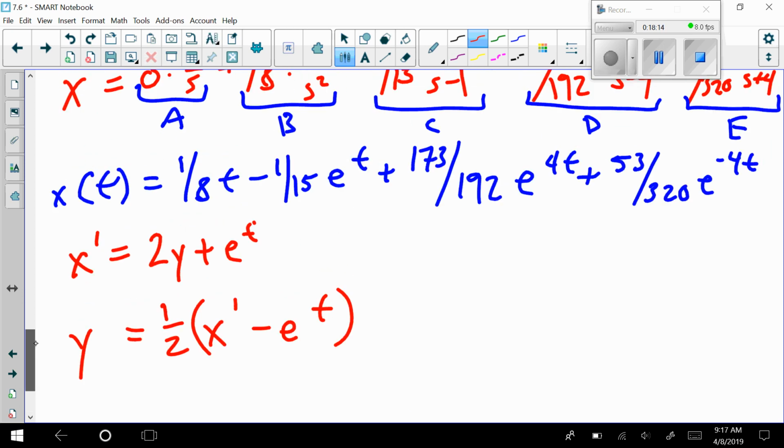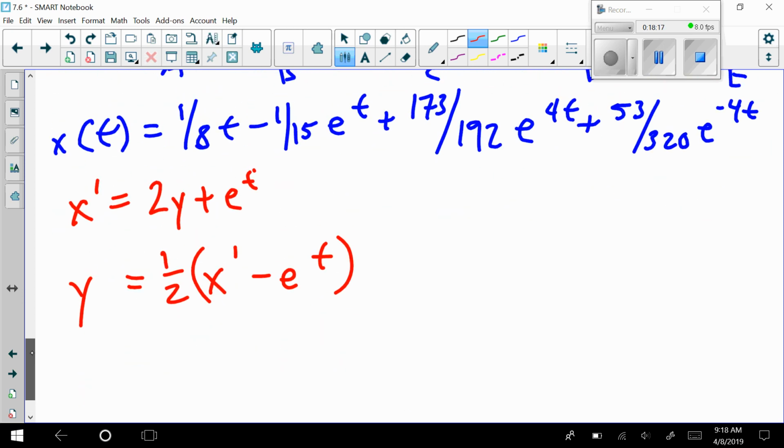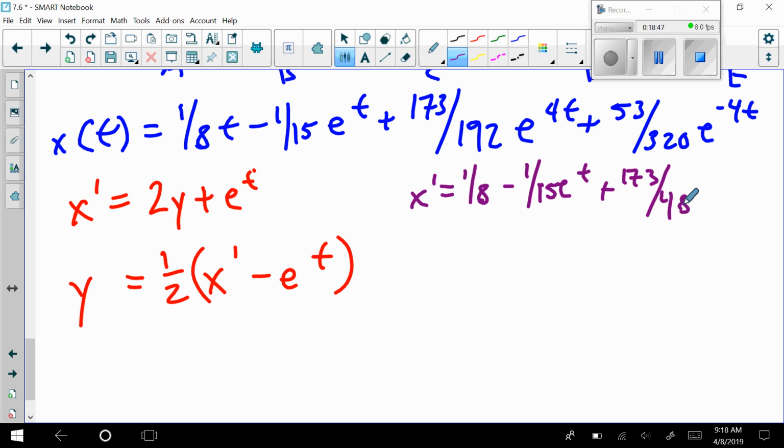And from here, all I need is the derivative of my x, which I do have up here, so I just find the derivative real quick. That's 1/8, right, minus 1/15 e to the t plus 173, if I multiply by 4, that goes into 192, and I think it'll cut it down to 48, e to the 4t, and then I have a minus 53.